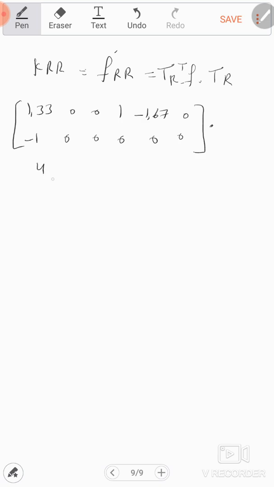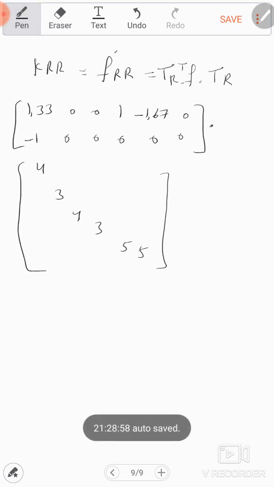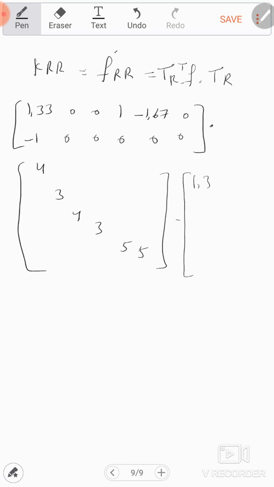F value is 4, 3, 4, 3, 5. 5 is the square root by the theory of Pythagoras, equals 5. Times the Tr, which is 1.33, minus 1, 0, 0, 1, minus 1.67.